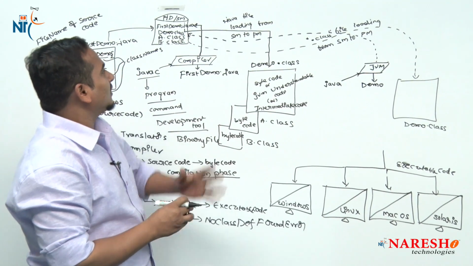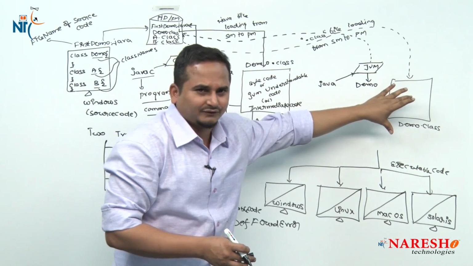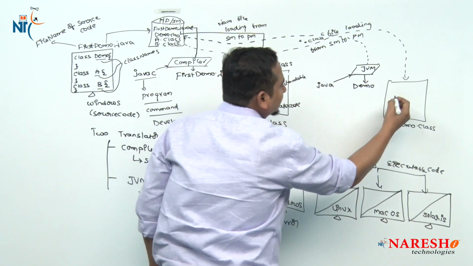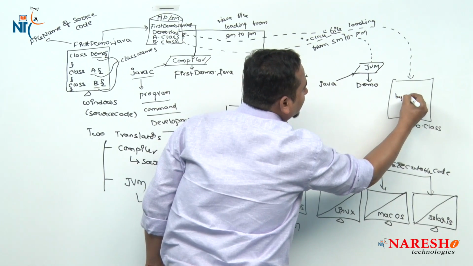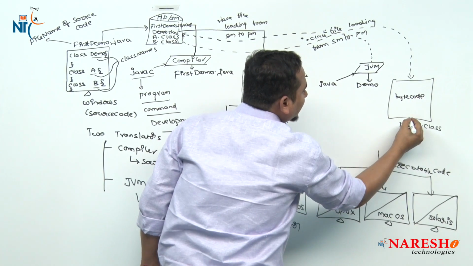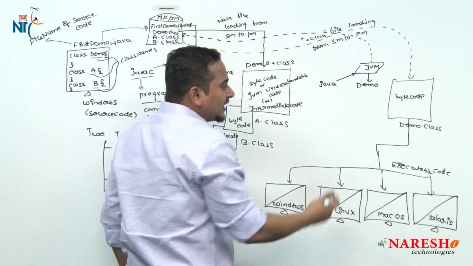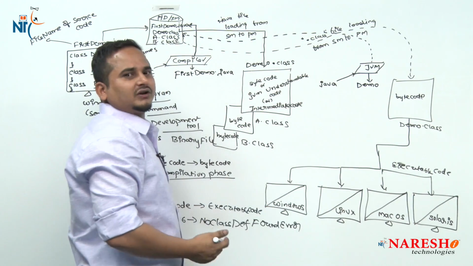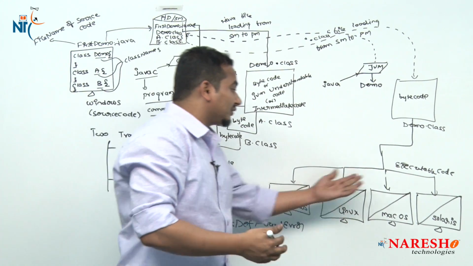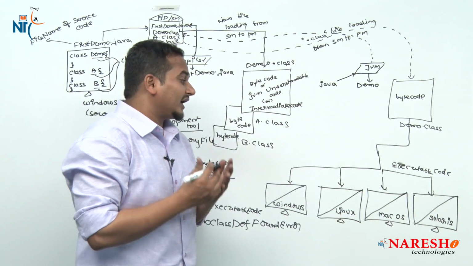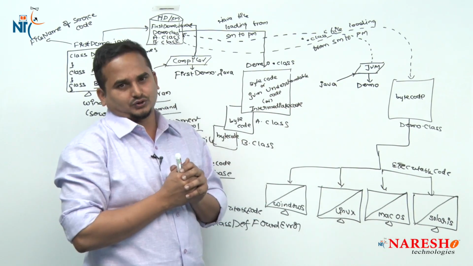But here what happened? The demo.class file is loaded from secondary memory to primary memory. After that, this demo.class file contains what? Bytecode. This bytecode will be converted into what here? Executable code, and finally that bytecode will be executed. That executable code will be executed under all operating systems, and we will get the same output.